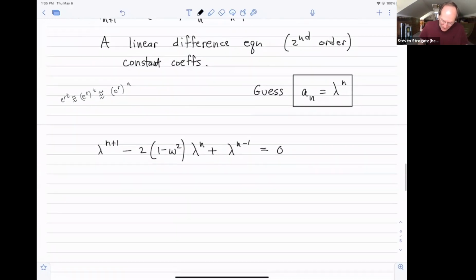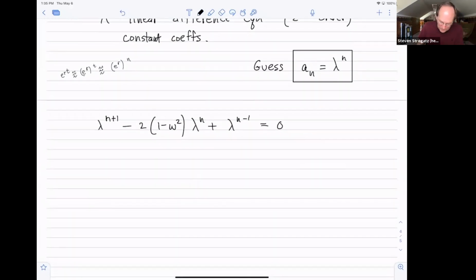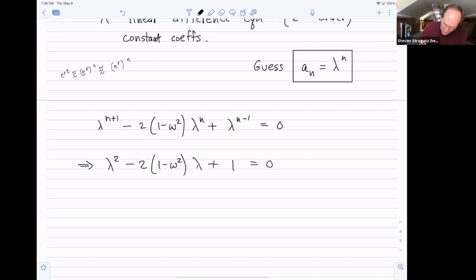Now you can cancel out a lot of lambdas, a whole lambda to the n minus 1 worth of them. And so this becomes lambda squared minus 2(1 minus omega squared) lambda plus 1 equals 0. And that's a quadratic equation, so we can solve that.